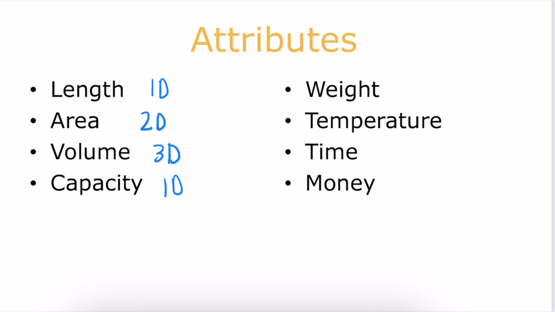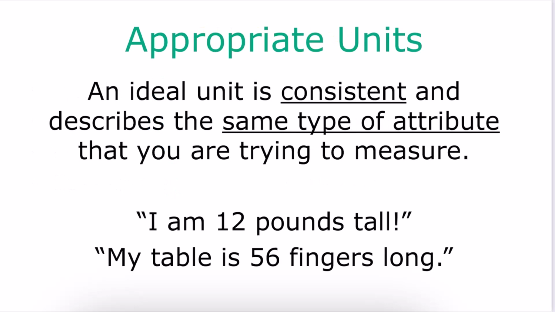And the next step is to choose appropriate units. So we talked about this a little bit on the last slide, but it's really important to make sure that your students understand why you have to find appropriate units. So you'll see this in some of your case studies, but some of the misconceptions that can happen when students are first exploring the idea of measurement is they'll say things like, I'm 12 pounds tall.